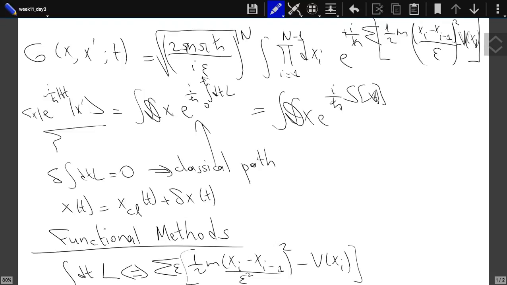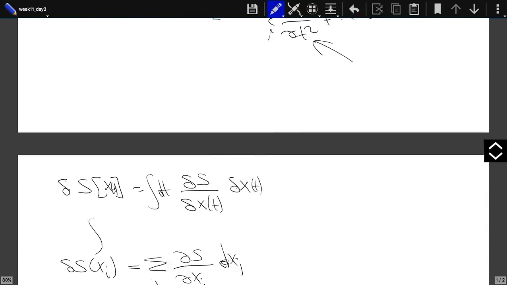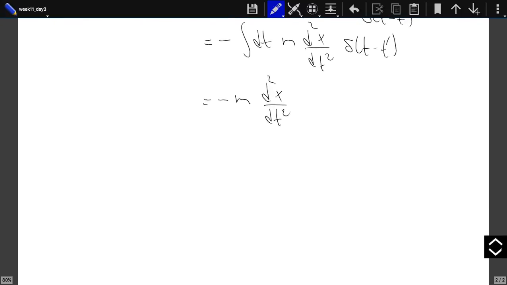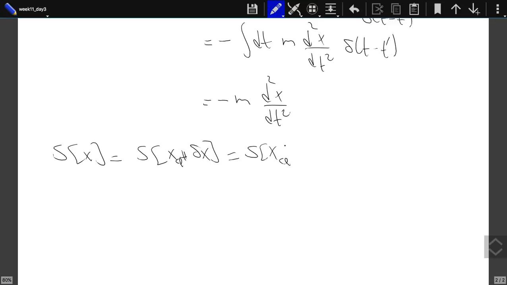So we can just write x as the classical path plus the variation, and then Taylor expand this, in the functional form. This will be S of x classical plus delta of x, where S of x classical is nothing but the classical action.